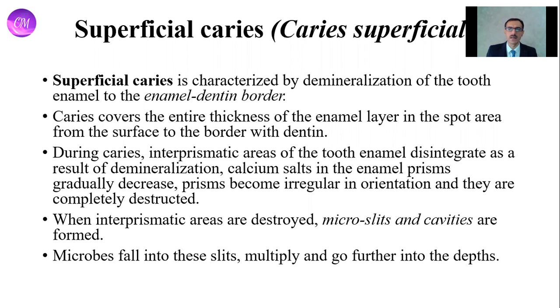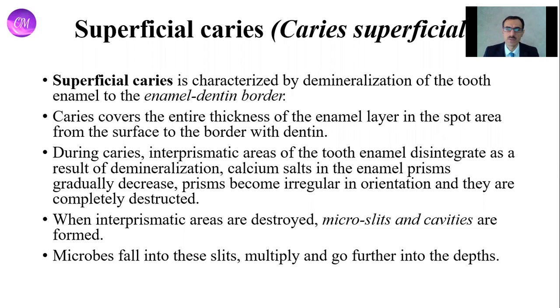Superficial caries is characterized by demineralization of the tooth enamel to the enamel-dentin border. Caries cover the entire thickness of the enamel layer in the spot area from the surface to the border with dentin. During caries, interprismatic areas of the tooth enamel disintegrate as a result of demineralization.